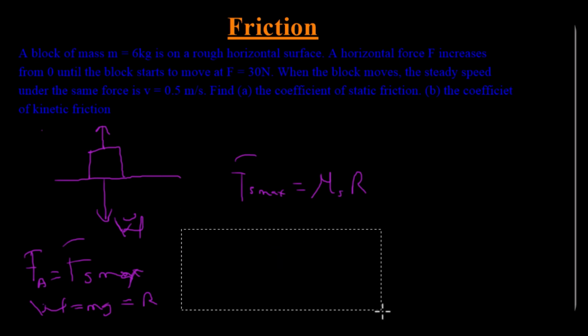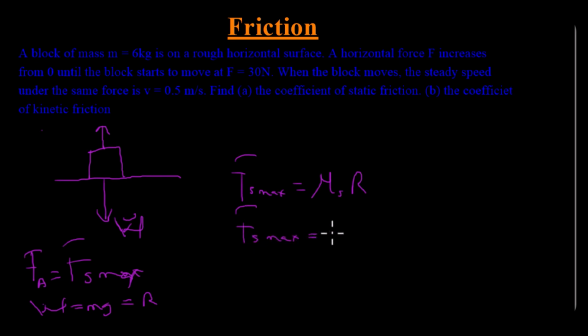So since R equals 60 newtons, then Fs max will simply be equal to 30, which is equal to mu s times my R, but you see my R now is 60 newtons. So mu s now will be equal to 30 over 60, so 0 cancels 0.